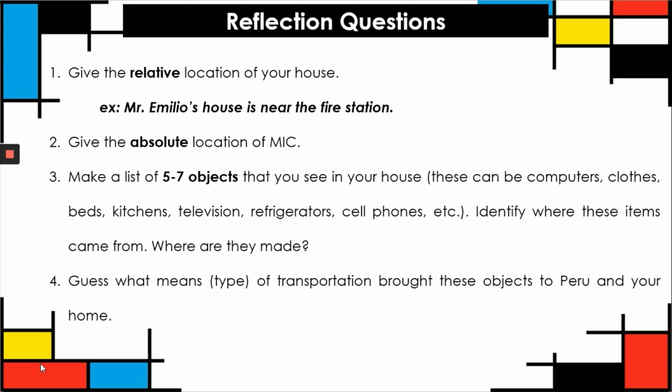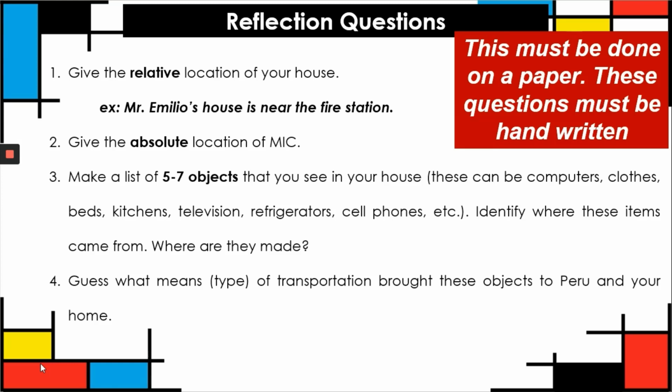So this activity, please read this activity. This must be done on paper. This is paper based. These questions must be handwritten. Okay, and we're going to discuss your answers in class.